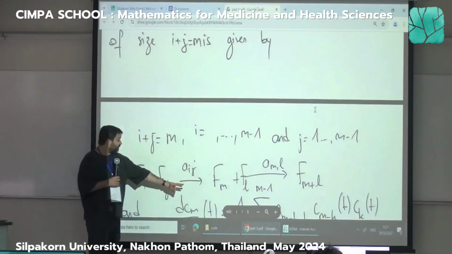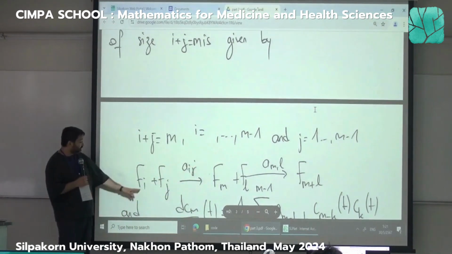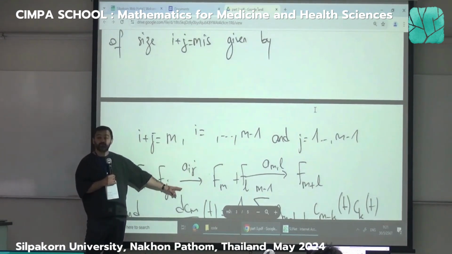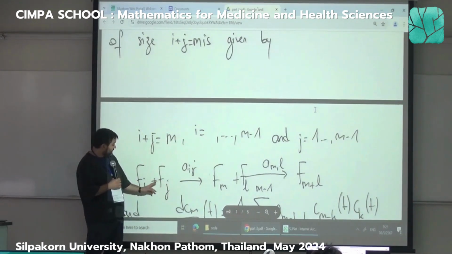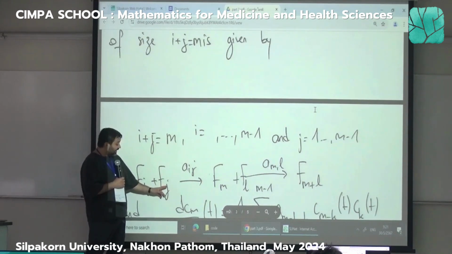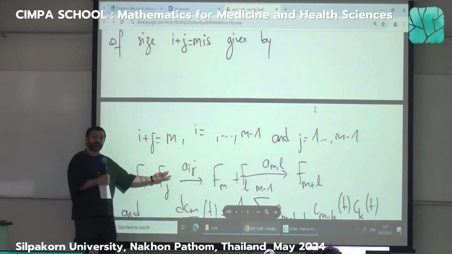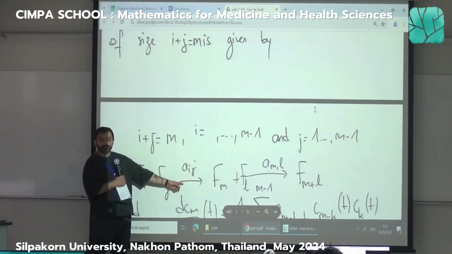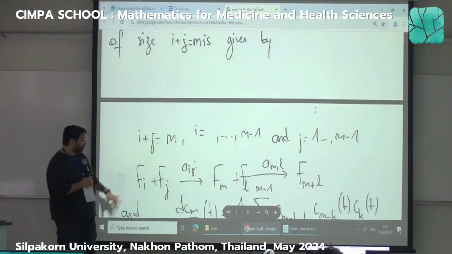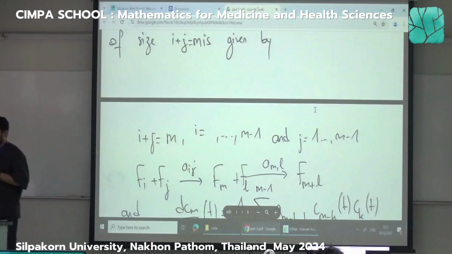For example, particle of size M is F1 plus F(M minus 1), F2 plus F(M minus 2). But this is also the other way, so it's also F(M minus 1) plus F1. So you take all the combinations.